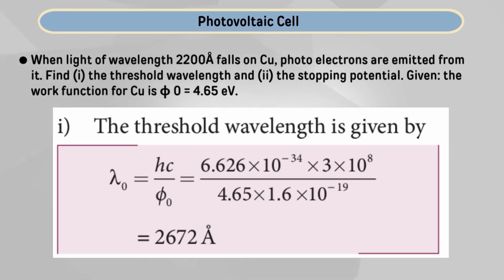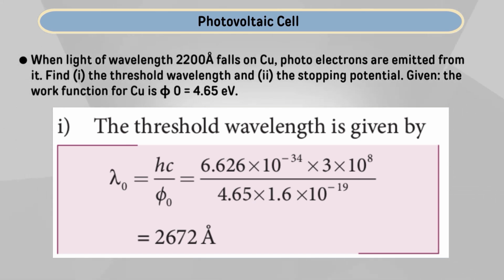Let us assume that light of wavelength 2200 angstrom falls on copper for photoemission, and we can calculate the threshold wavelength and the stopping potential if the work function of copper is given as phi naught equal to 4.65 electron volt. We have the wavelength of the incident photons on the copper surface, and also the work function of the metal surface, so we can easily calculate the threshold wavelength as well as the stopping potential.